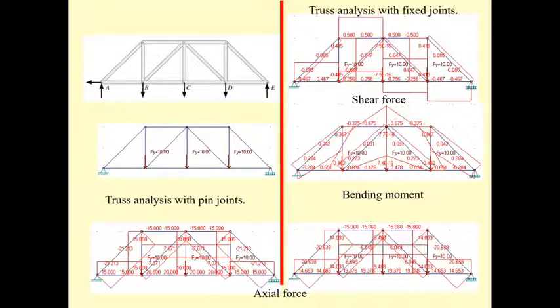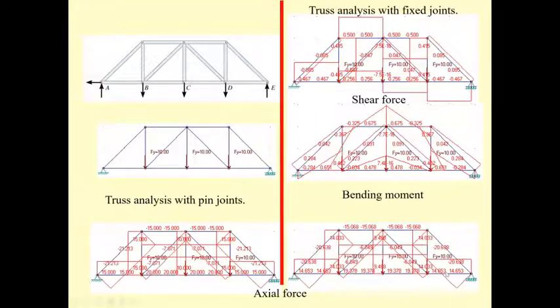However, when you compare the axial force from the truss analysis with fixed joints, you can see at the bottom the force is 15.20, 20.50. And when you do the truss analysis with pinned joints, the axial load is going to be 14.6, 19.378, 19.378, and 14.6.